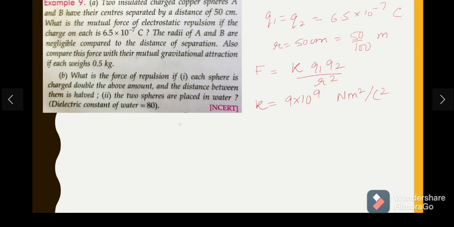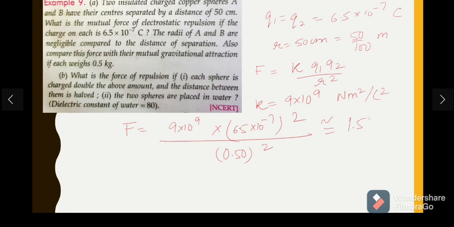Then I get the force as 9 into 10 to the power 9 multiplied by 6.5 into 10 to the power minus 7 square, divided by R square, so divided by 0.50 square. This would give me the value of force exerted between the particles. We can calculate it, and the answer comes out to be 1.5 into 10 to the power minus 2 Newton.